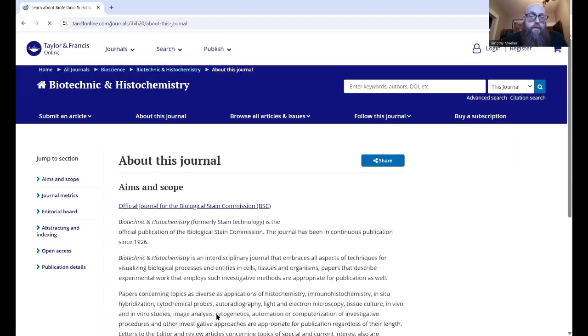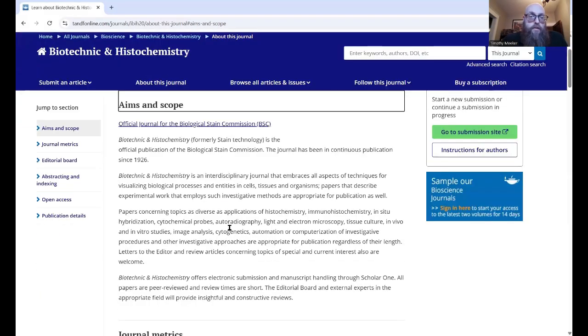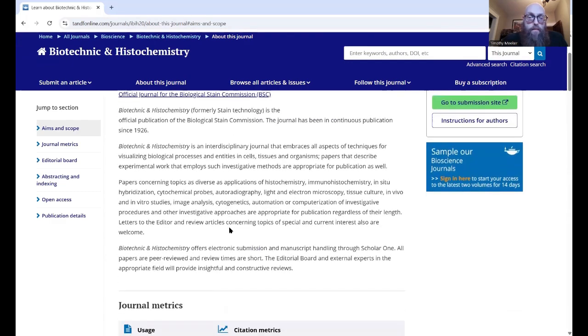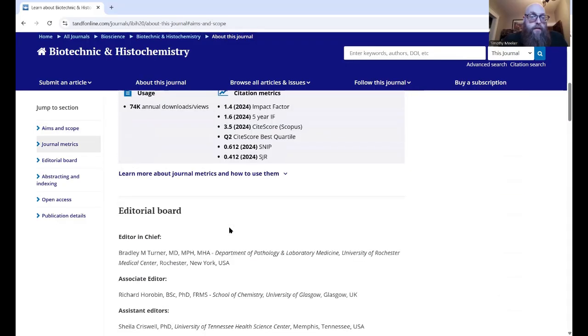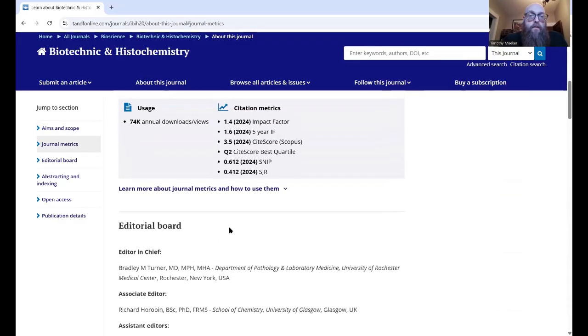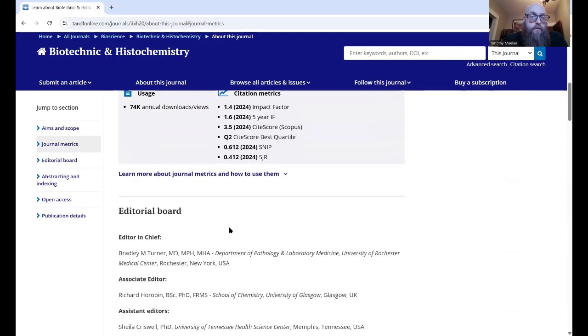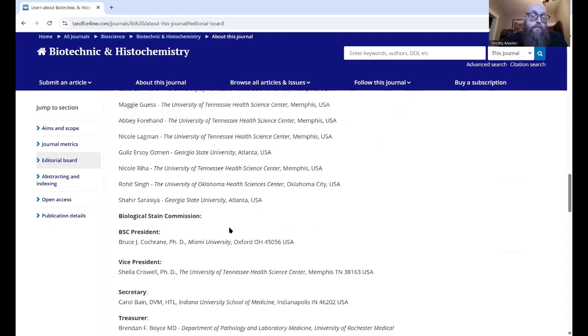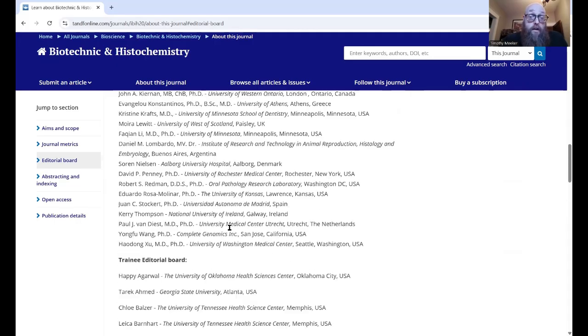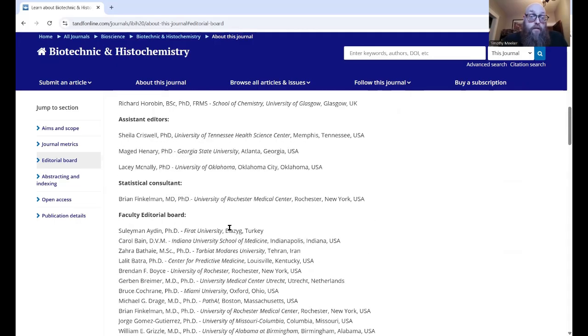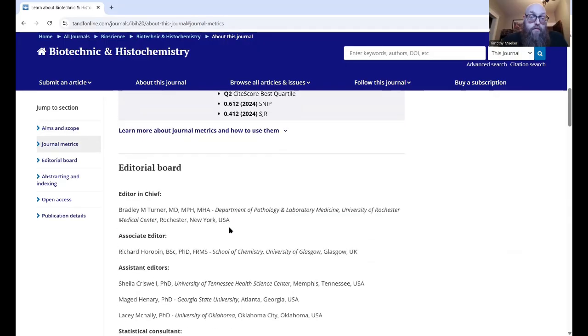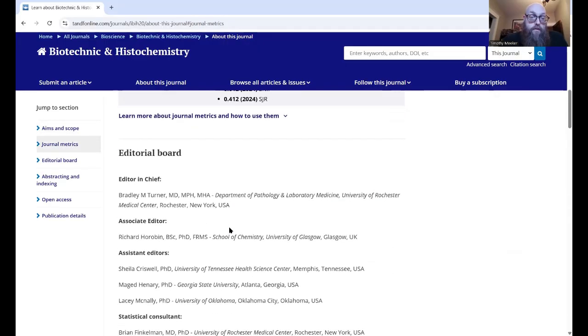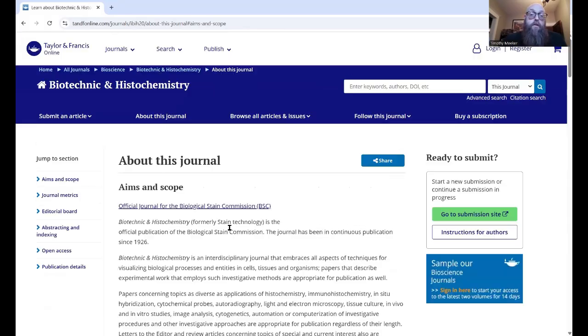It does say that the journal's been in continuous publication since 1926, which is pretty good. It says their impact factor is 1.4, which is not bad. Generally, an impact factor below one, it depends on the field, really. But yeah, they have an editor-in-chief at the University of Rochester.